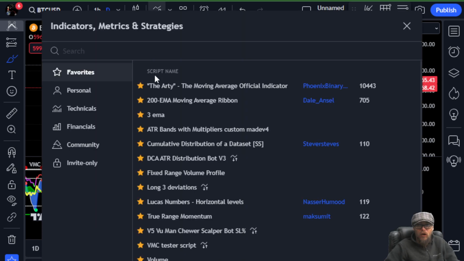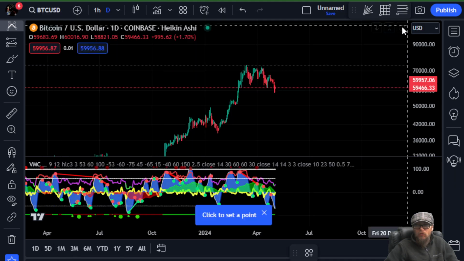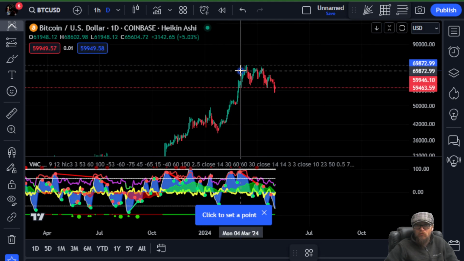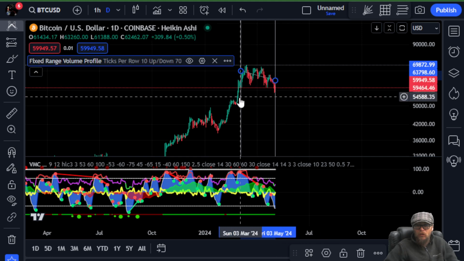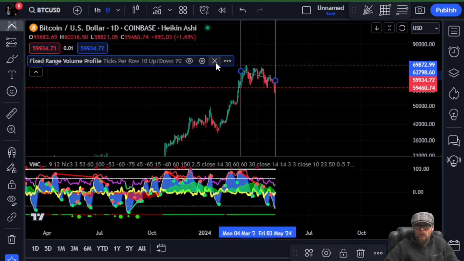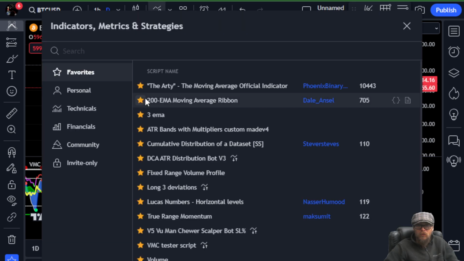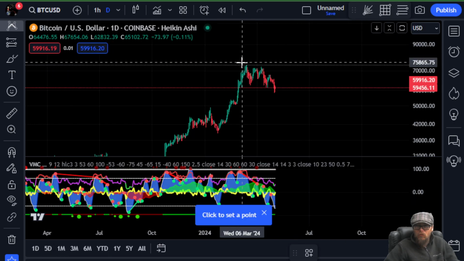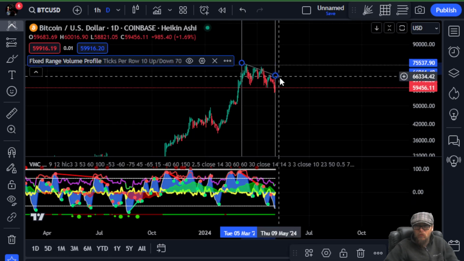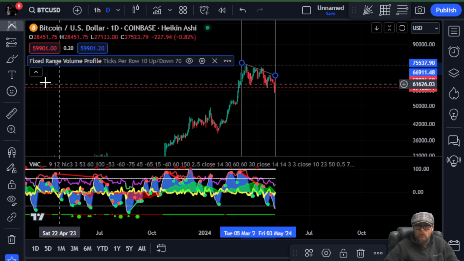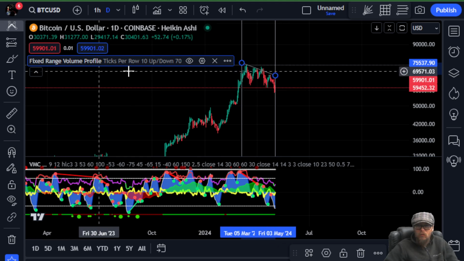And first, let's just grab our fixed volume profile tool and look at just this range up here. Oh, oops. We lost it. Come on.